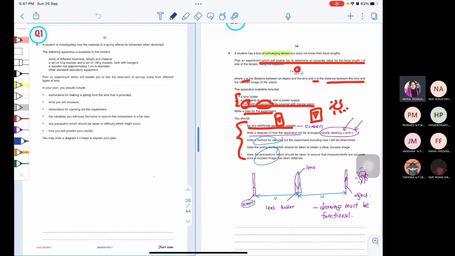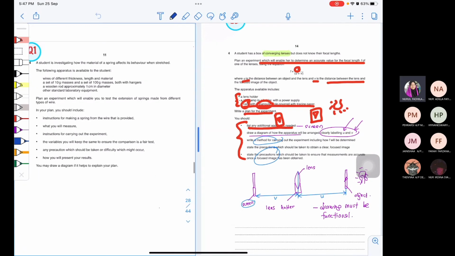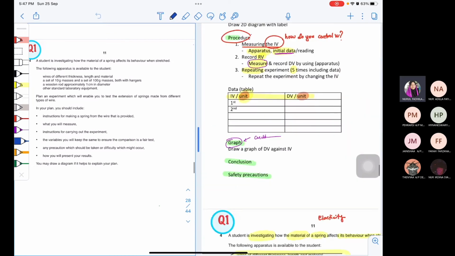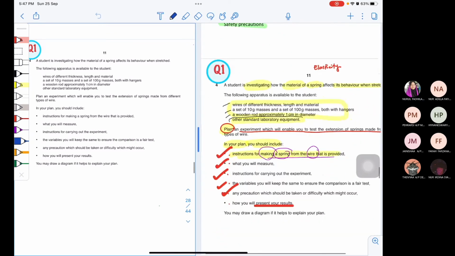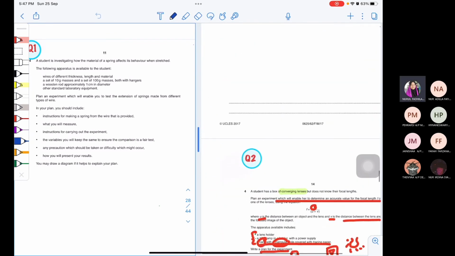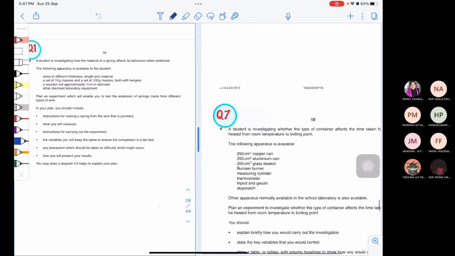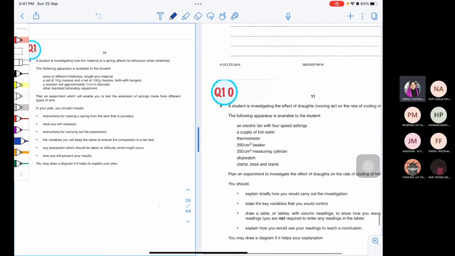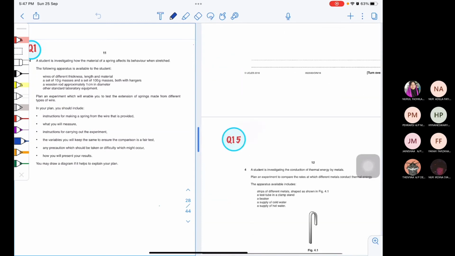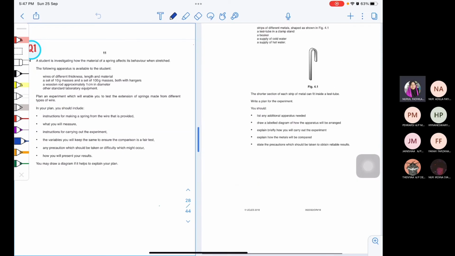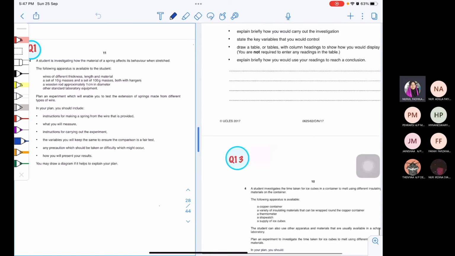Alright, okay, this is the first one. Looking at the answer scheme, there are many example questions.